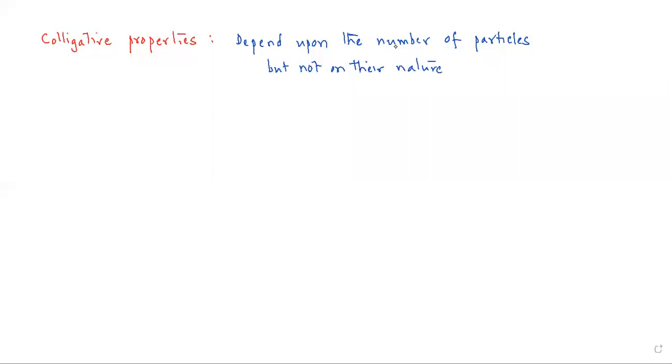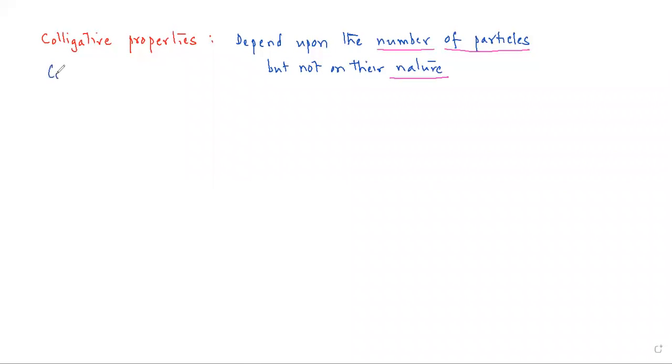Simply, the magnitude of a colligative property depends only on the number of particles, but not on what the substance is. Okay, only on the number.